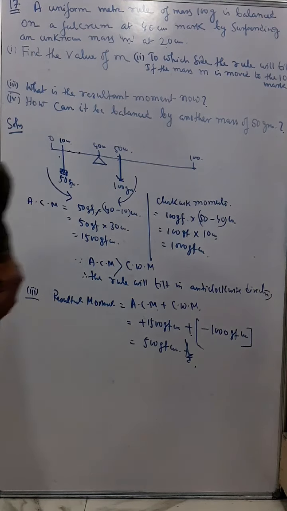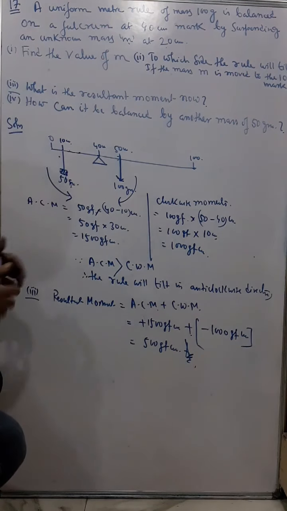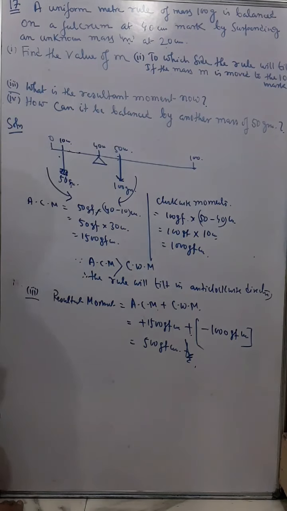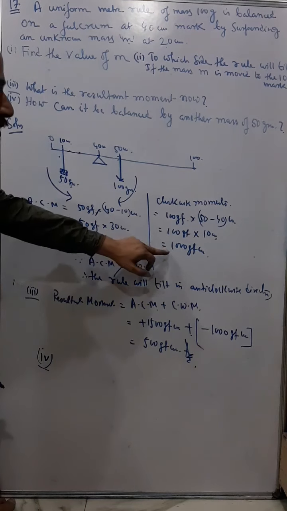Okay, and at last what did they tell? How can it be balanced by another mass of 50 gram? So you can understand we have to use a mass of 50 gram, and how can we balance? You see that the anti-clockwise moment is greater and the clockwise moment is less.